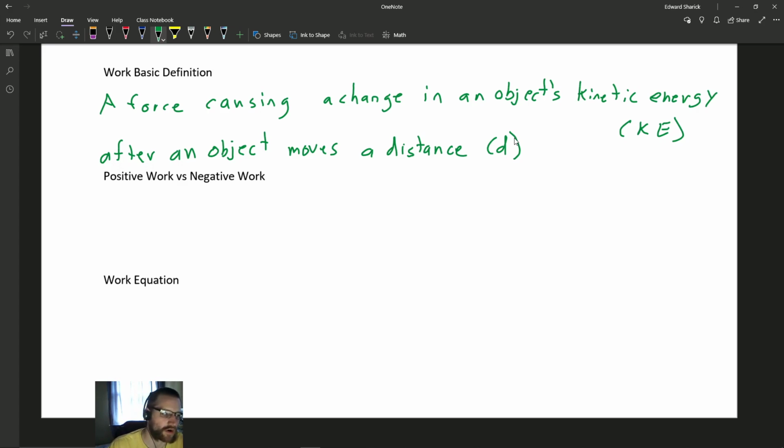And this gets into our discussion of positive versus negative work. You can still have positive and negative work, but work is a scalar. So it is just a number. There's no direction with it, but you can have positive and negative work. Right? So work is a scalar, not a vector.